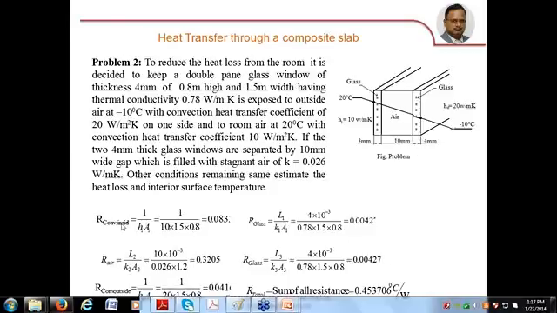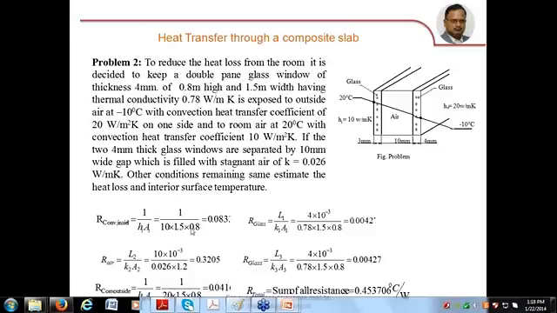So you can calculate convective resistance 1 by h_i A_i. Inside convective heat transfer coefficient is given as 10 watt per meter square Kelvin. A_i, the inside surface area exposed to the medium, is a 1.5 meters wide and 0.8 meters high glass plate.